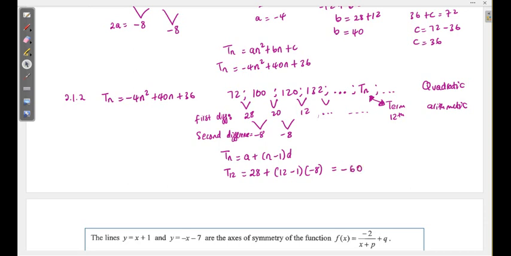Give me a minute, please. Just want to confirm. No problem. Yeah, negative 60. Perfect. Now that is the 12th term of the first differences. I'm just going to write here negative 60 to say it's one of the first differences. Now what is so special about it?